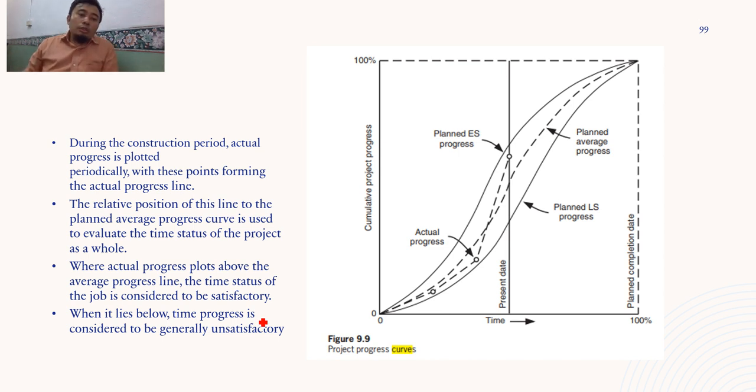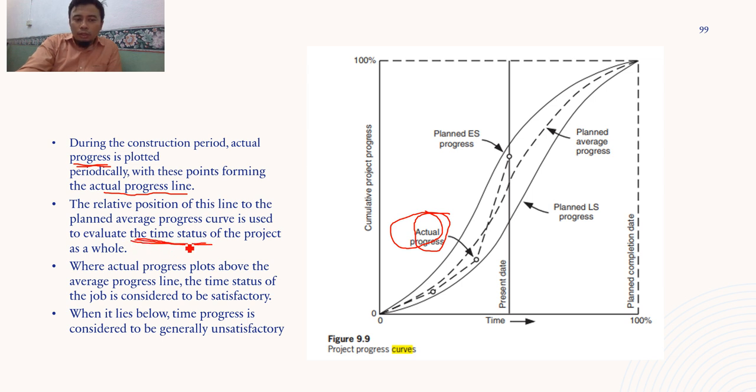So during the construction period, actual progress is plotted, as you saw earlier, periodically, with these points forming the actual progress line. So the relative position of this line to the planned average progress curve is used to evaluate the time status of the project as a whole.